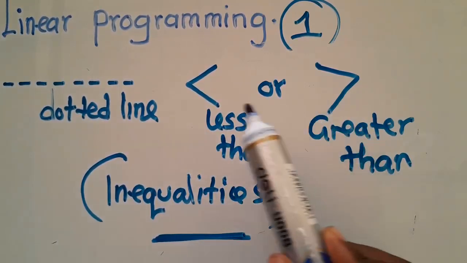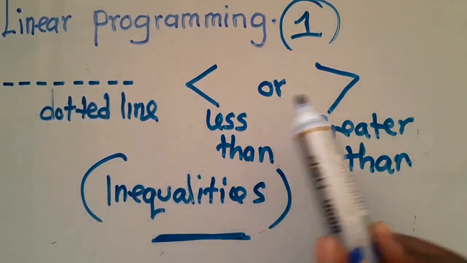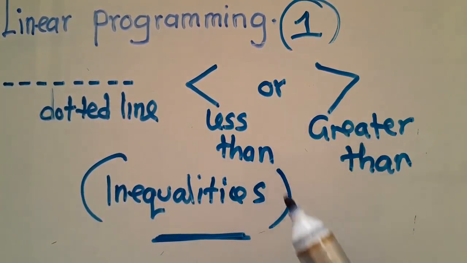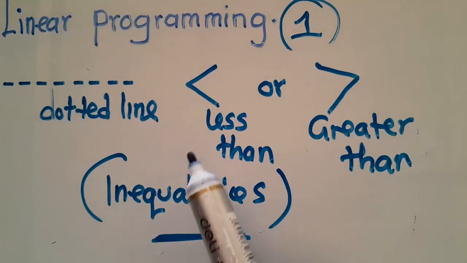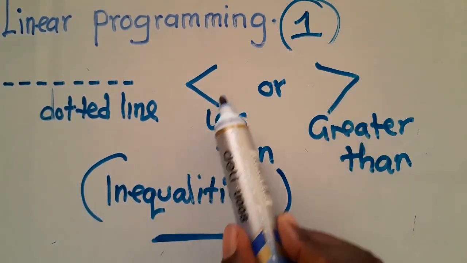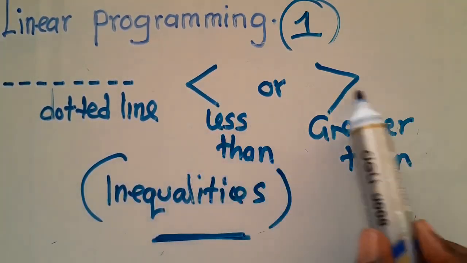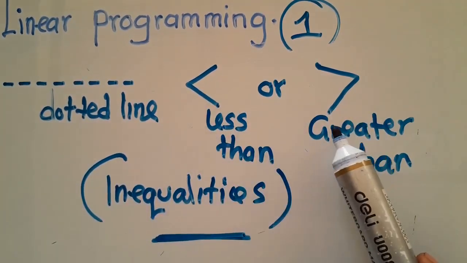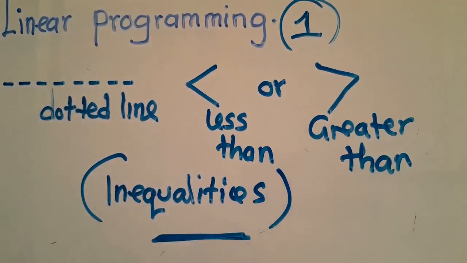This is an inequality, and this is also an inequality. When you see a dotted line, just know that you use either the less than or the greater than symbol. This is less than, this is greater than. Make sure you know these symbols if you don't know them.